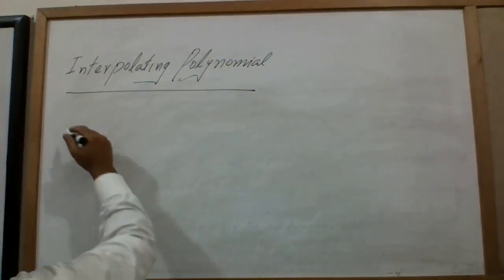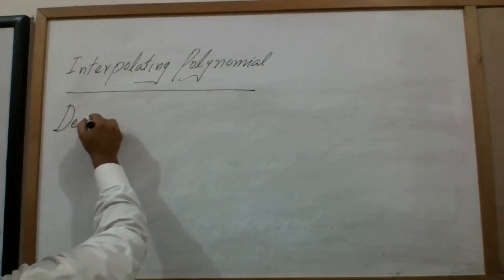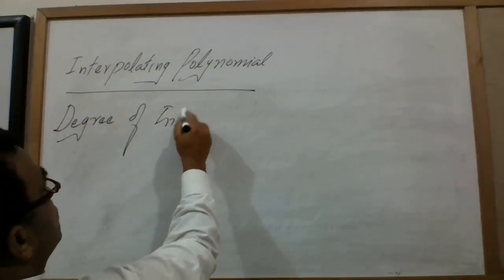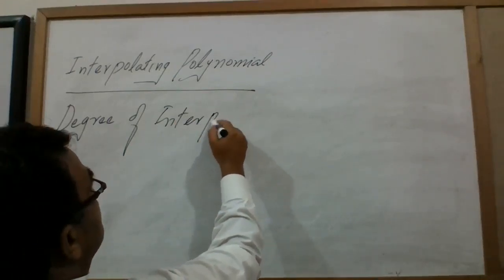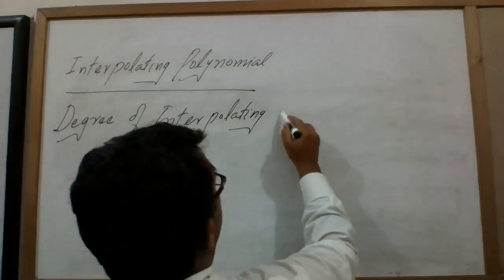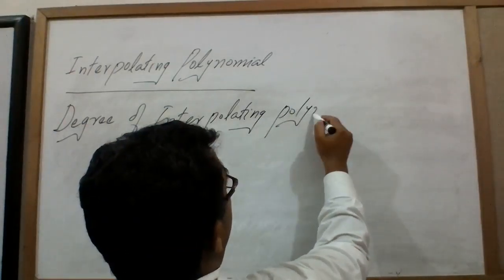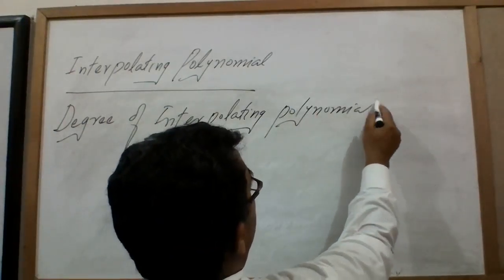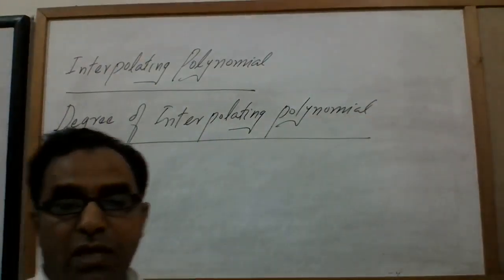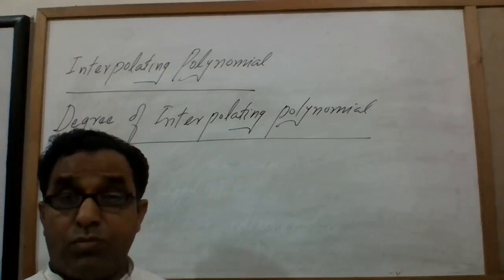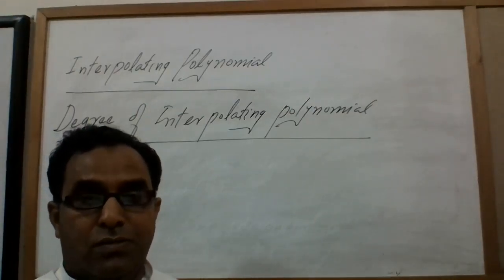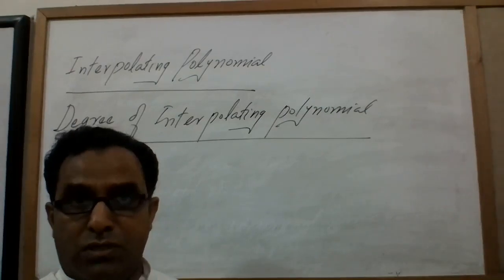Next is the degree of interpolating polynomial. You have to decide of how much degree you want to find the interpolating polynomial.